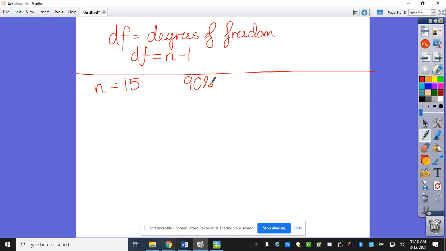I need to do what with this number? Subtract 1, so my degrees of freedom is actually 14. So when I go down to 14 and I go over to 90, I get what? 1.761.